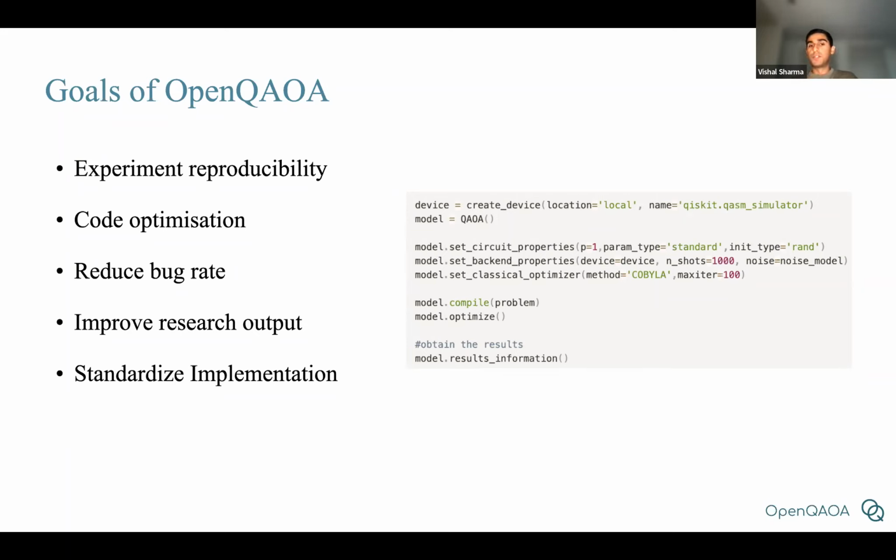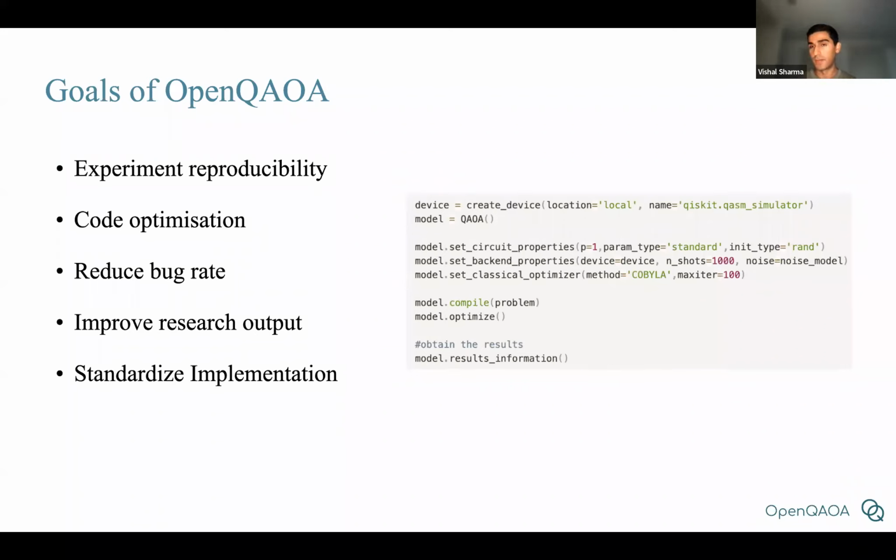The final step involves compiling the model by passing the problem that you want to solve and clicking something as simple as optimize. So this runs this loop. Let's talk about the most complicated case, where you're running something on a cloud device, which after each iteration has to go and talk to the QPU on the cloud.